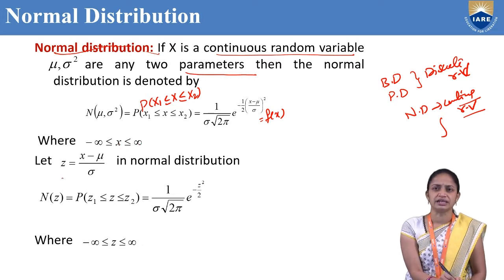Let z equal to x minus mu by sigma in our normal distribution.